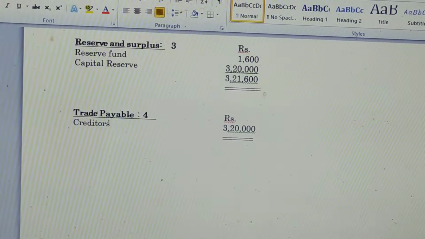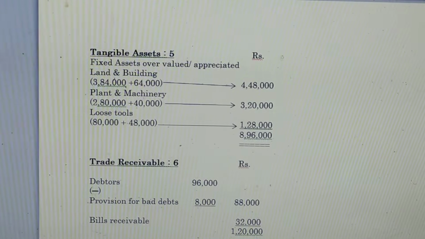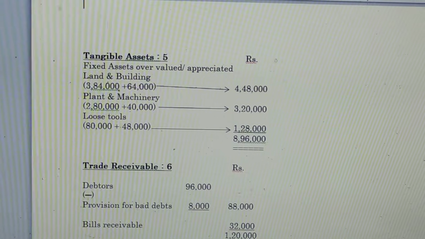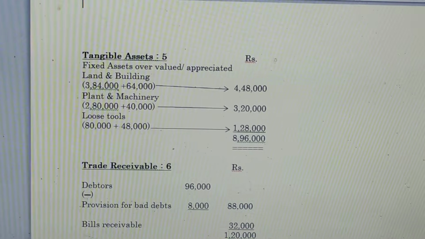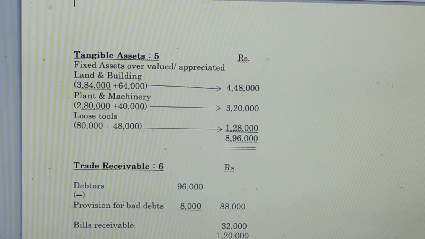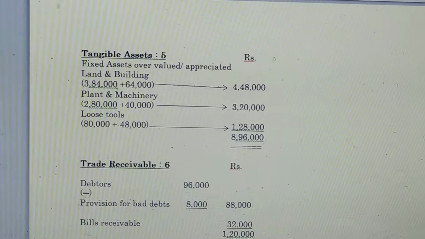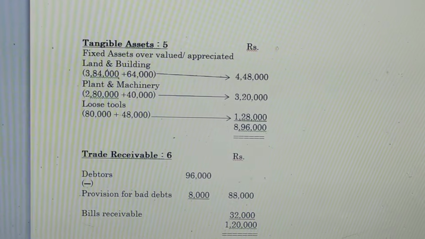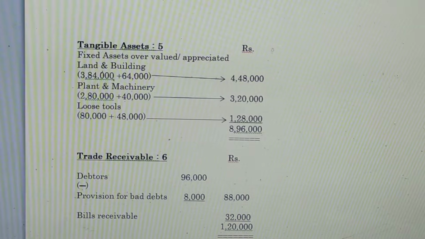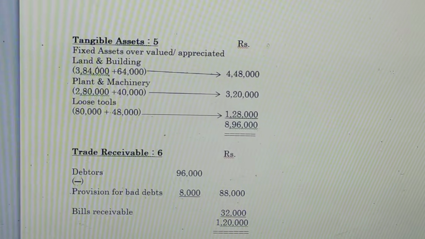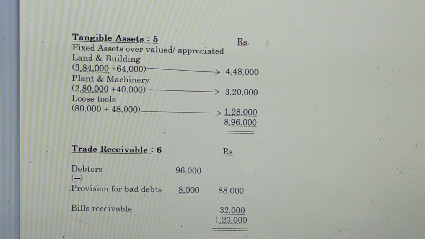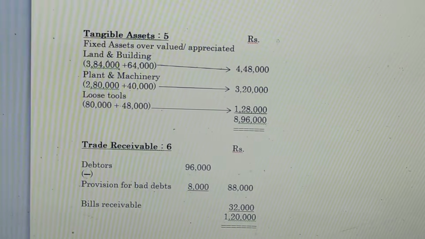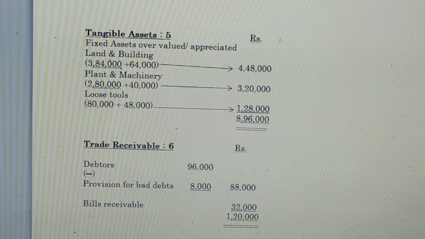And note number 5 is tangible assets. Under the tangible assets, we have to mention the fixed assets overvalued or appreciated. It means the fixed assets values have increased. Land and building, the old value is 3,84,000. The added value is 64,000. So 3,84,000 plus 64,000, we get the total land and building 4,48,000. It's a new value. And plant and machinery, the old value is 2,80,000 and the adjustment value is 40,000.